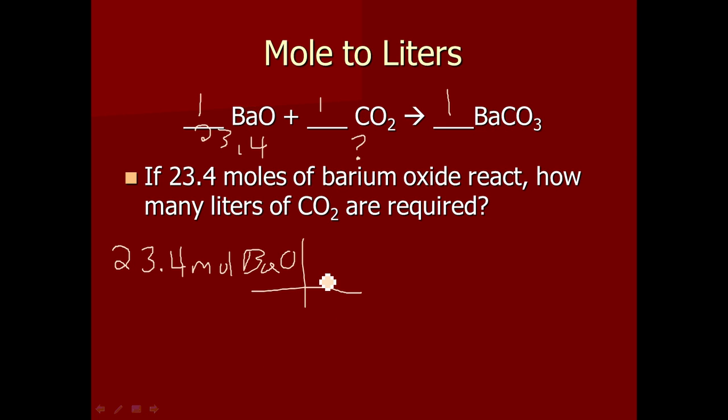So now, I have to go from moles wanted to moles given. That's my first step. Well, lucky for me, it's a 1-to-1 ratio. So 1 mole of CO2 over 1 mole BaO.